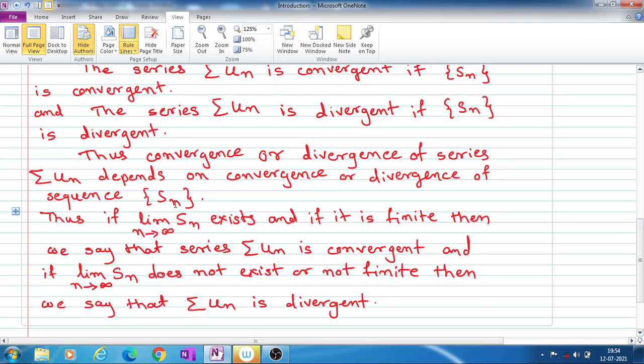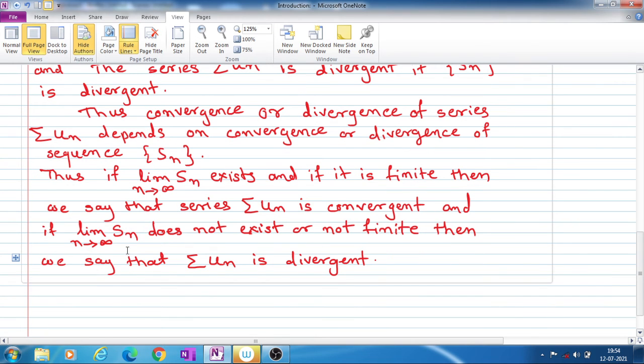Similarly, when will this sequence be divergent? If the limit of Sn as n tends to infinity does not exist, or it is an infinite limit, not finite, then we say that the sequence Sn is divergent, and therefore the series un is also divergent.